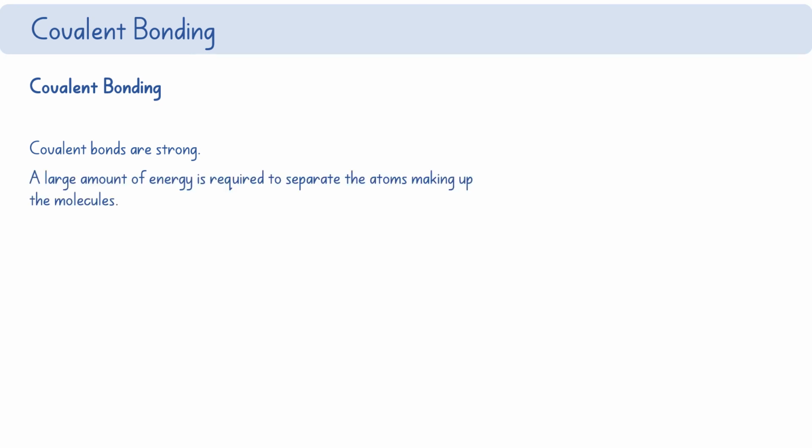Now that we have looked at the bonding of ions, atoms with covalent bonds, what are the properties? Covalent bonds are strong. That means a large amount of energy is required to separate the atoms making up the molecules. This provides some interesting properties.